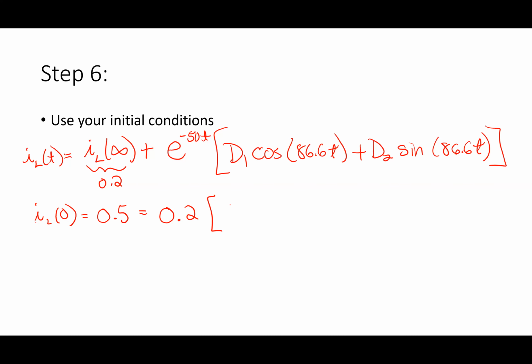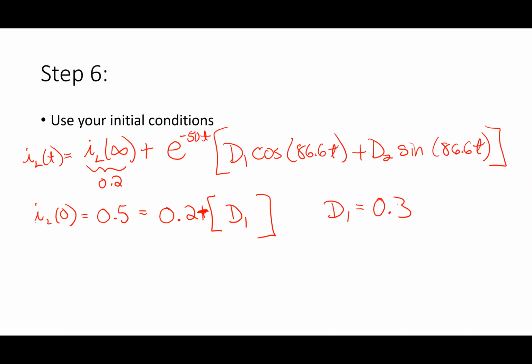That's still 1. And what about sine of 0? That's 0. So now I can see that D1 has to be 0.3. I've already got one of the terms.